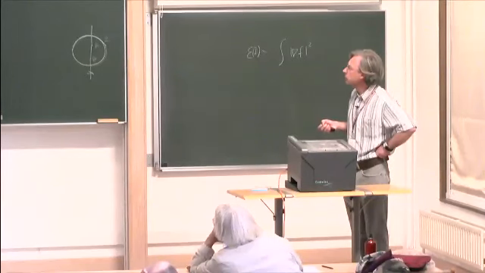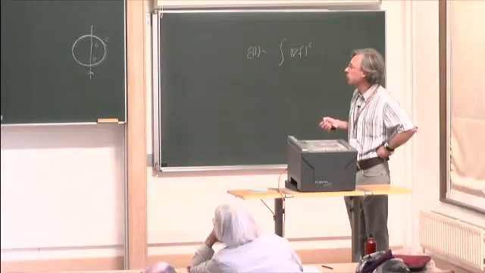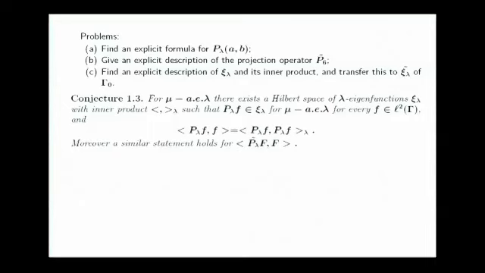This is another slide which shows what you would like to have. In particular, we have a conjecture that if you have a relatively nice Laplacian, there is a generalized eigenfunction expansion.